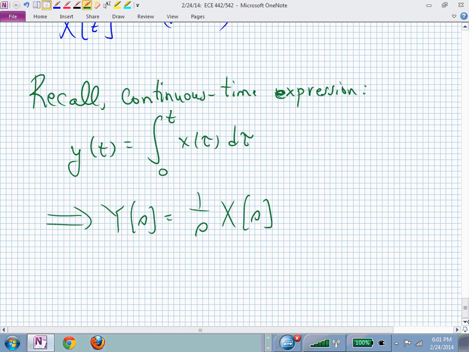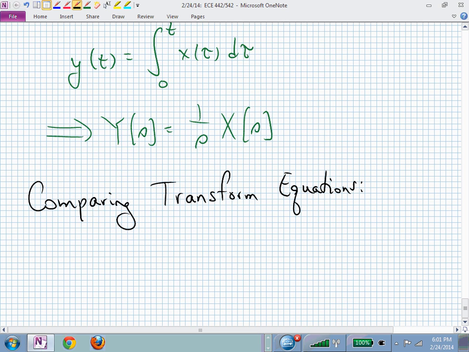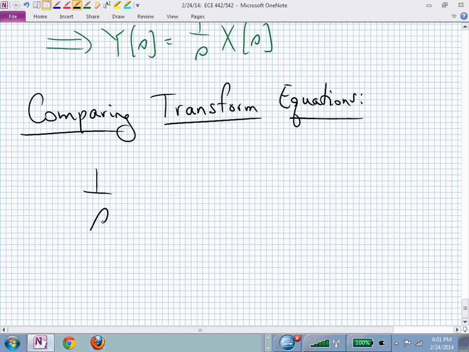If we compare those, we now see that this 1 over s is consistent with, in the z domain, T over z minus 1.